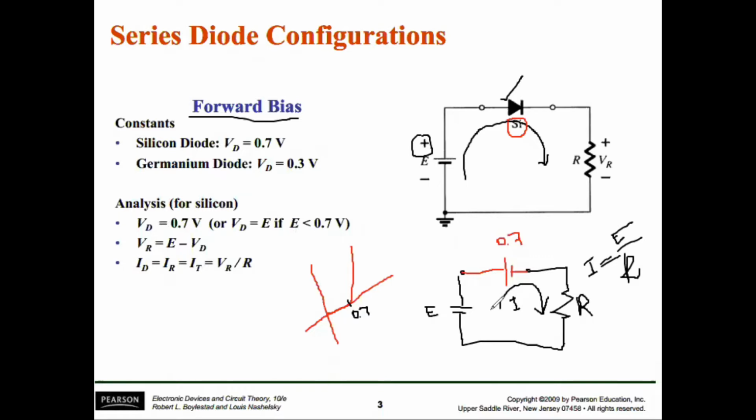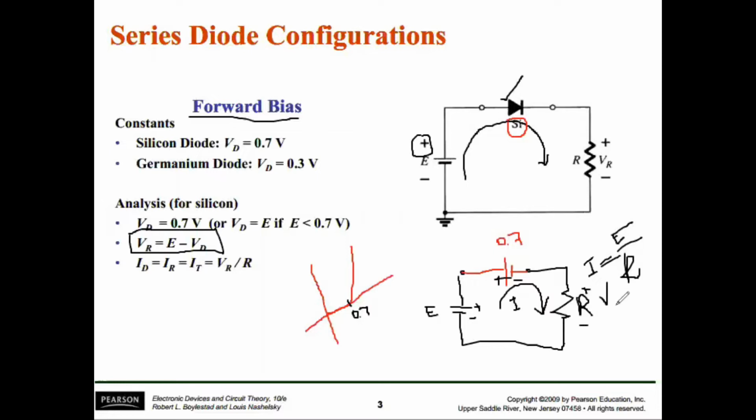And here, if you apply the KVL, you can find that the value of VR will be equal to E minus VD. This is plus, this is minus, this is plus, this is minus, and this is VR. This is again the voltage drop.